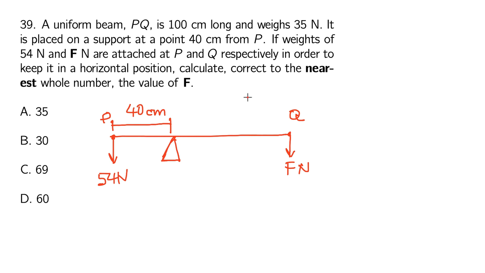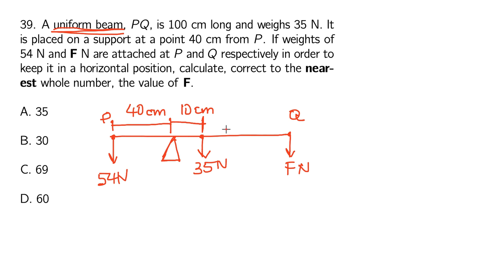Now, because the beam is uniform, we're going to assume that its weight acts from the center of gravity, which is precisely in the middle. So at some point here, the weight of the beam is going to act, and this is 35 Newton. That point is precisely the point that is 10 centimeters from the pivot, because the beam is 100 centimeters long and its center of gravity is going to be at the 50 centimeter mark.